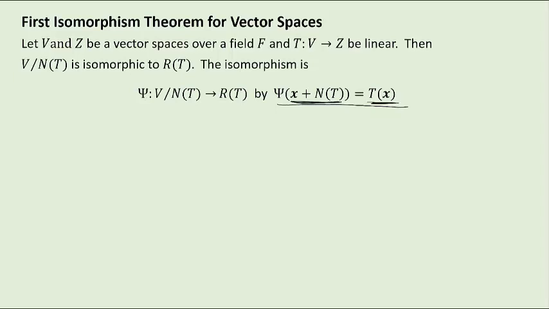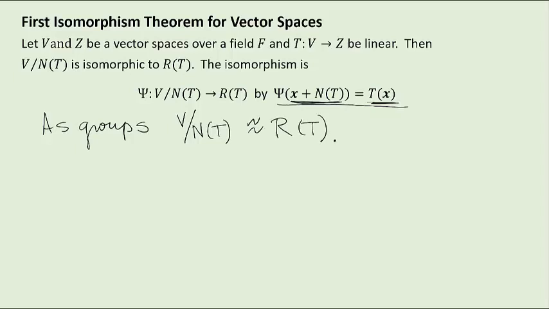We proved the first isomorphism theorem for groups, and so we know, because we've proven it before, that as groups, V mod the kernel, or we're using a different word now, the null space, is isomorphic to the range of T as groups. And we just define scalar multiplication as follows.